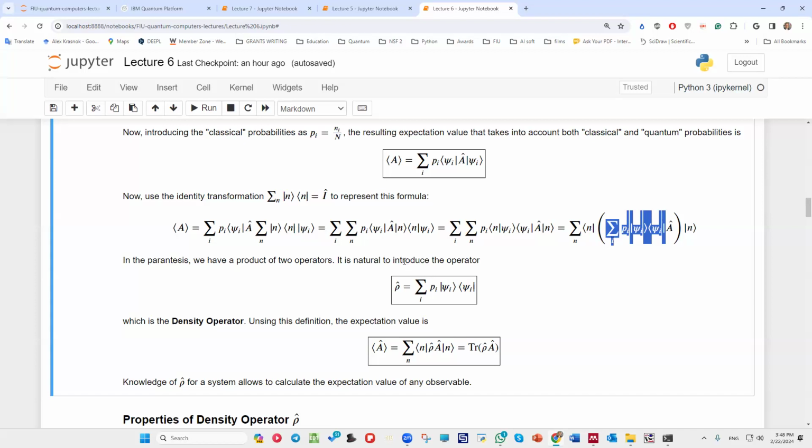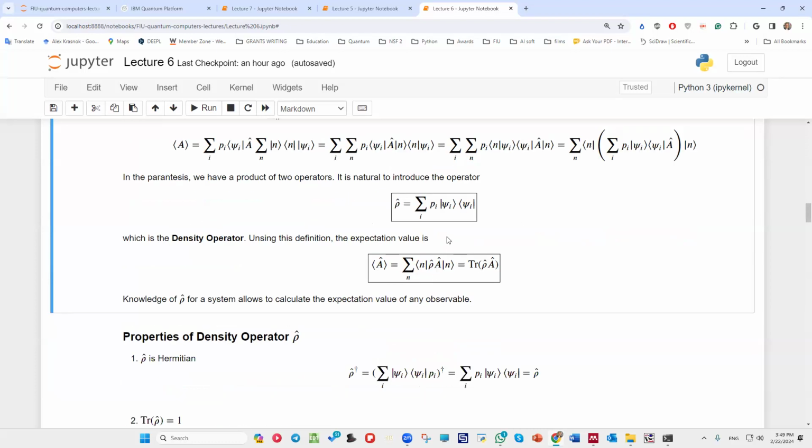This is exactly what we mean by the density operator. I highlighted this formula, the definition for the density operator, by putting it into a frame. As you can see, this density operator takes into account both the classical uncertainty and quantum uncertainty.